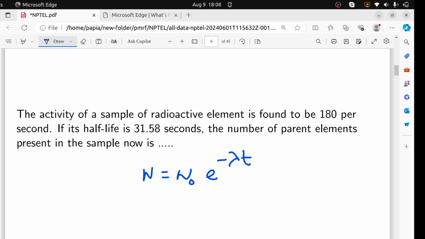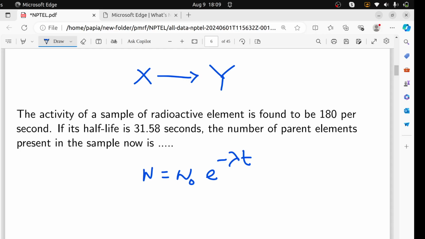What do the elements of this expression mean? Let's say one radioactive element is X, and it is going to decay to Y. The parent nucleus is X and the daughter nucleus is Y. Now what is N0?